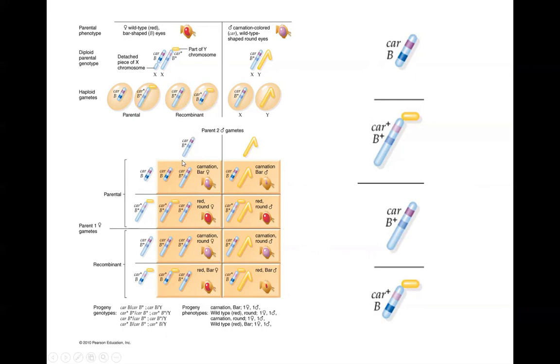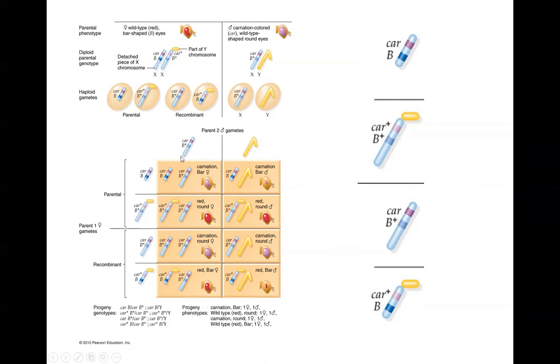They're going to get a normal X that the male fly had up here to begin with, okay? But we've got this set of parental weird X chromosomes and then our recombinant ones, okay? So we're going to be dealing with this sort of split. We've mixed and matched between these genes, okay?